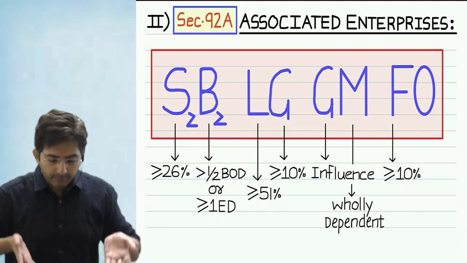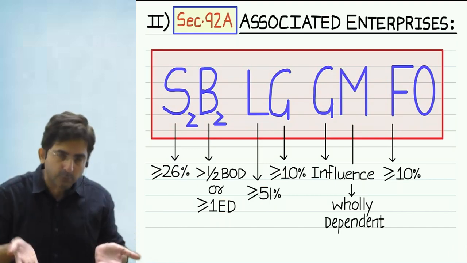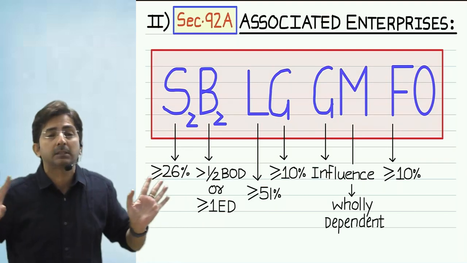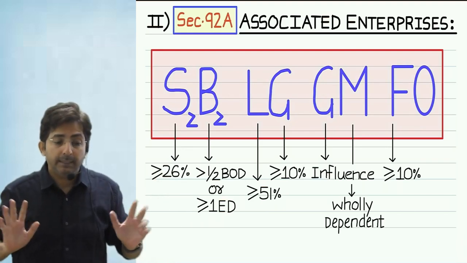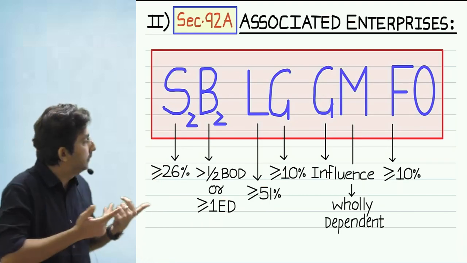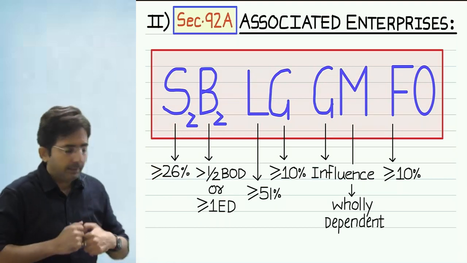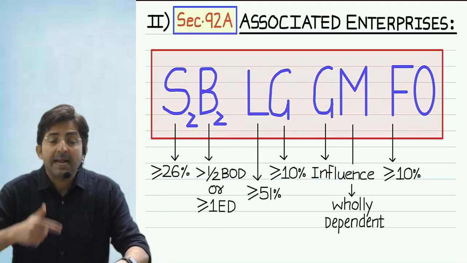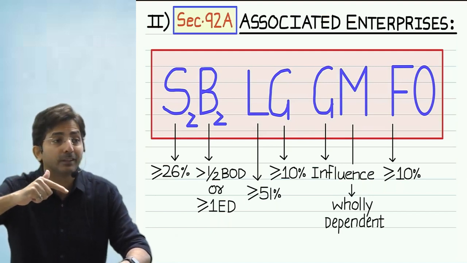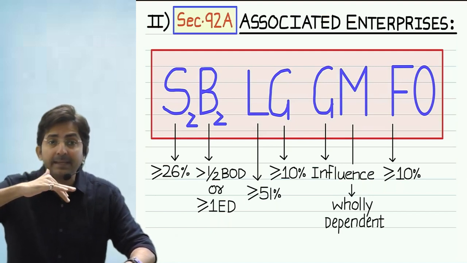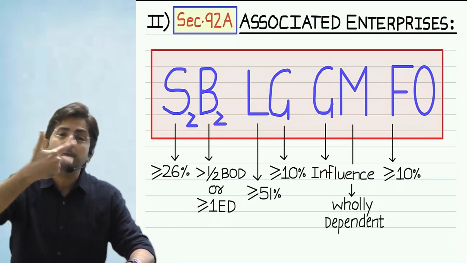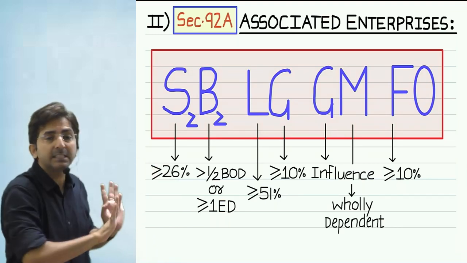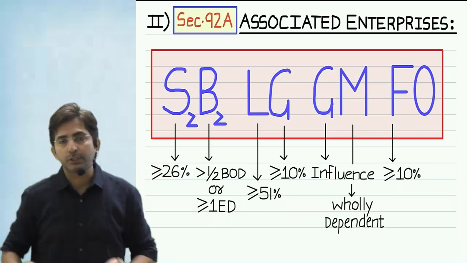I repeat, the definition starts like this only, that two enterprises shall be treated as associated in any one. Any one means anything from the list. In any one of the following circumstances at any time during the year. You know what does it mean at any time? Even if it is just for one day or one moment or 1 hour, if this thing had existed, then it is an association.